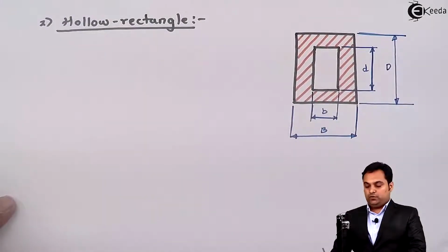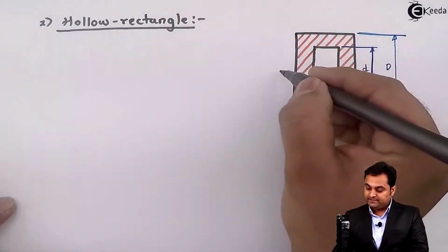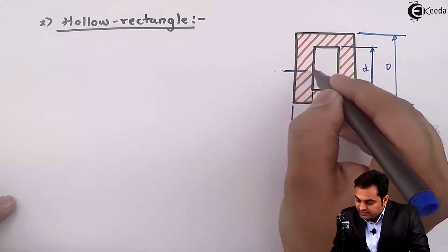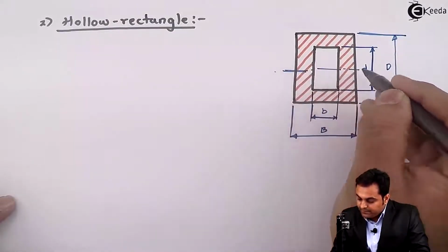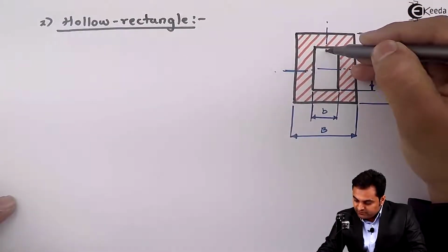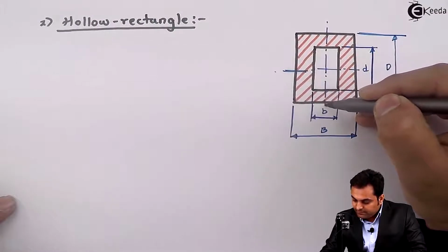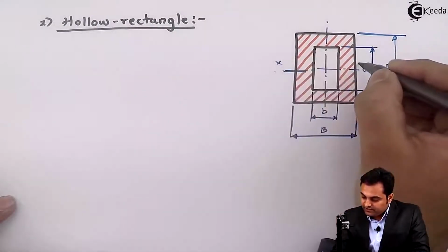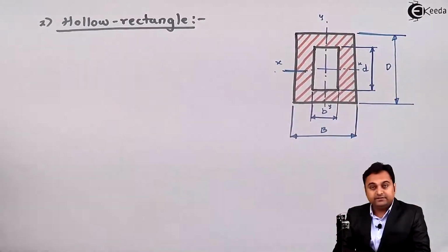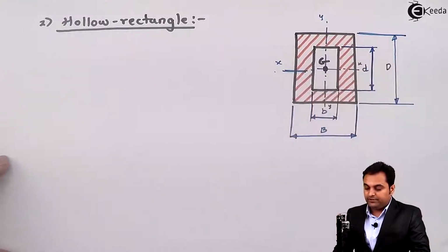Now, when I want to find the moment of inertia, I need to know its x and y axis. So the x axis for the hollow rectangle will be exactly at half of capital D, and the y axis will be at the half of capital B. So here I have x and y axis, and at their intersection we have the centroid.